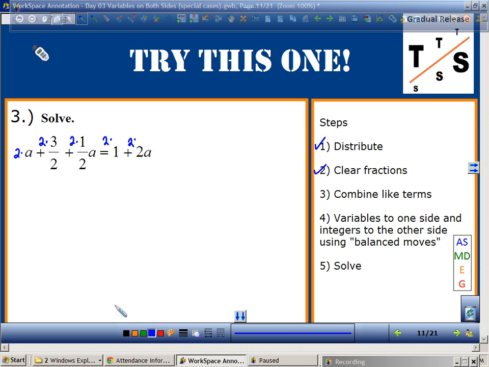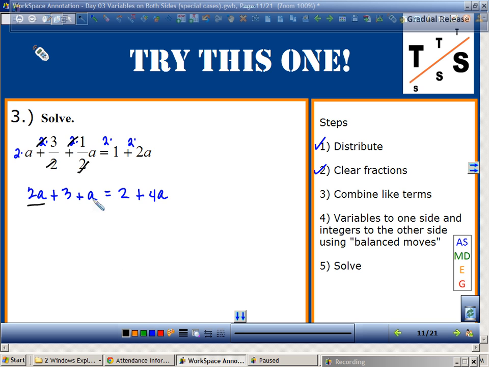Everybody good with that? All right, so this 2 goes away, this 2 goes away, and we're left with 2A plus 3 plus A equals 2 plus 4A.